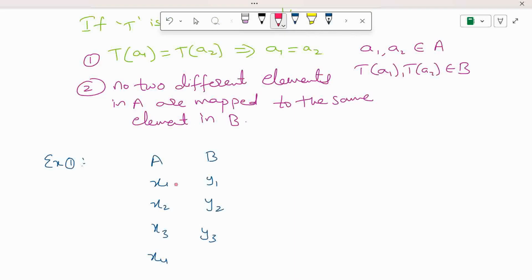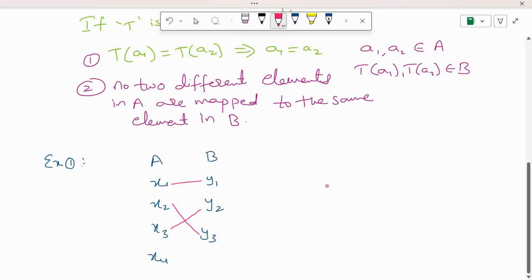Now let's map like this. These two are mapped, and x2 is mapped to y3 and x3 to y2. Now here this function is injective or not.